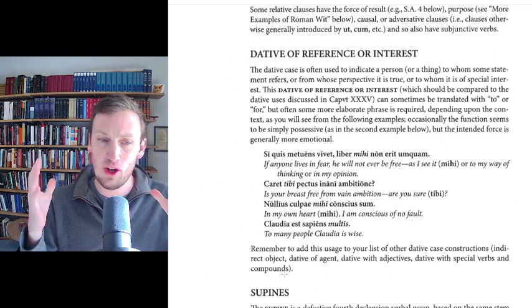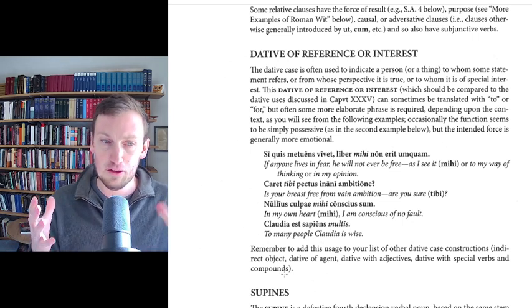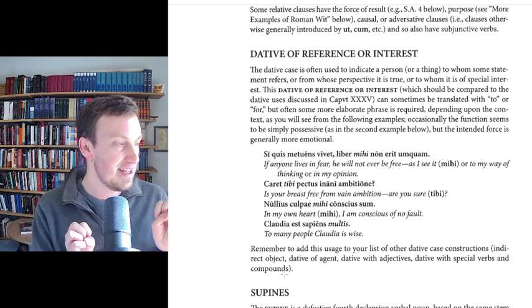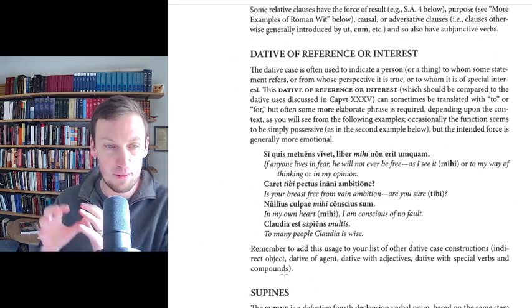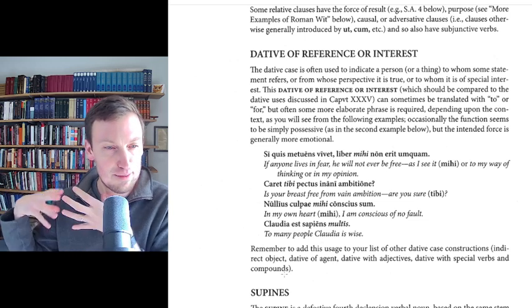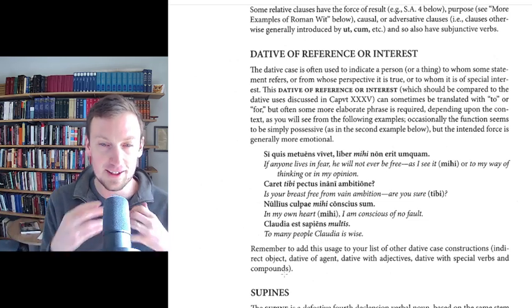It's relativizing the whole claim, the whole sentence, for or to. Relativizing is the wrong word. It is saying that for or to a person, there's a person whose interest or perspective is particularly relevant for understanding the claim of the sentence.